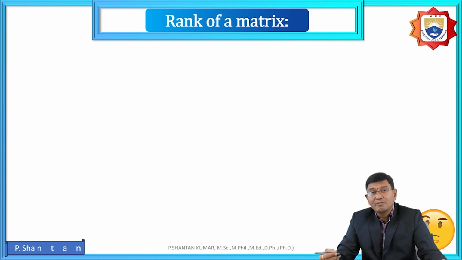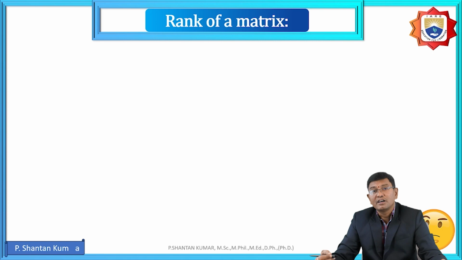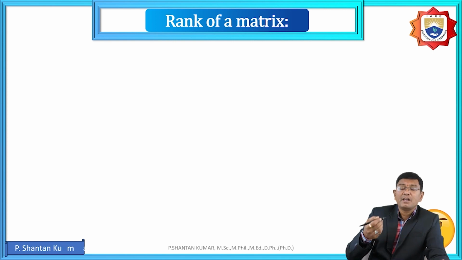Based upon that, we need to discuss how to define the rank of a matrix and what the methods are. The rank of a matrix under Module 1 is the starting point, and first of all we need to understand elementary row transformations or elementary column operations.